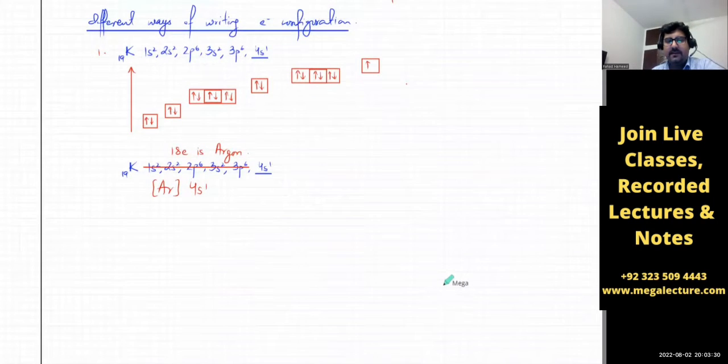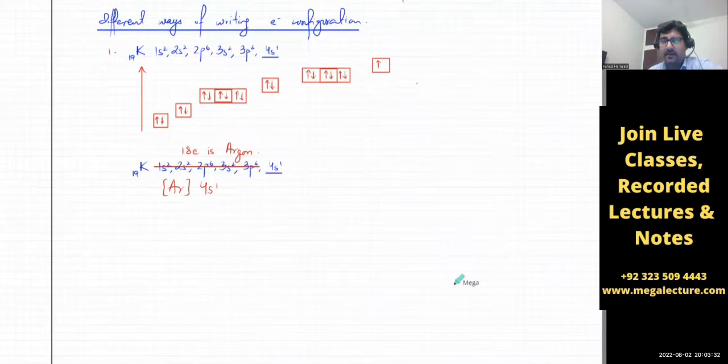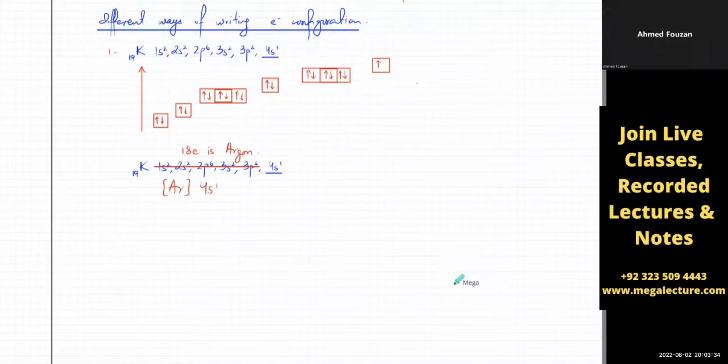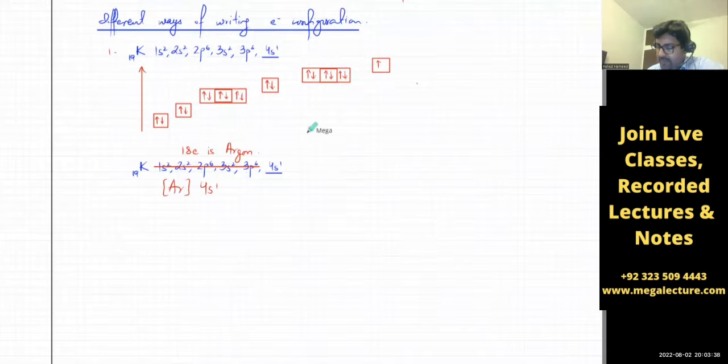So in electronic configuration, there was a thing called two special cases. Okay, we had already studied how many different ways we can write the electronic configurations.